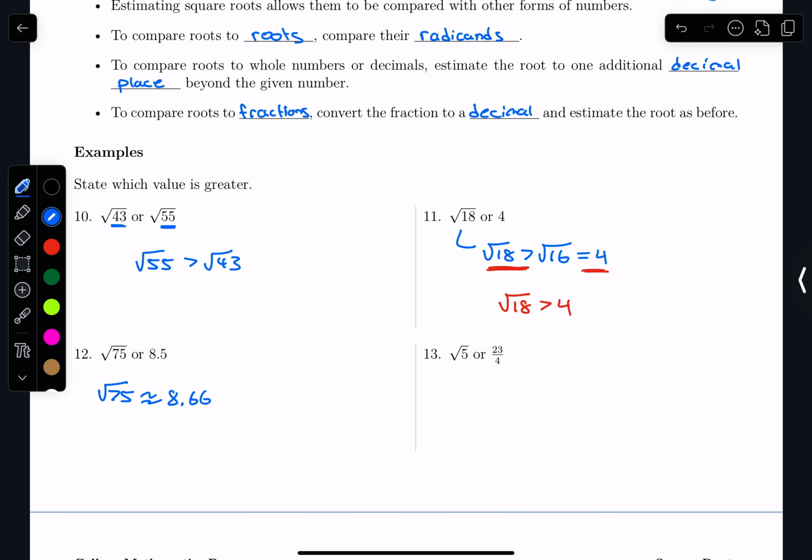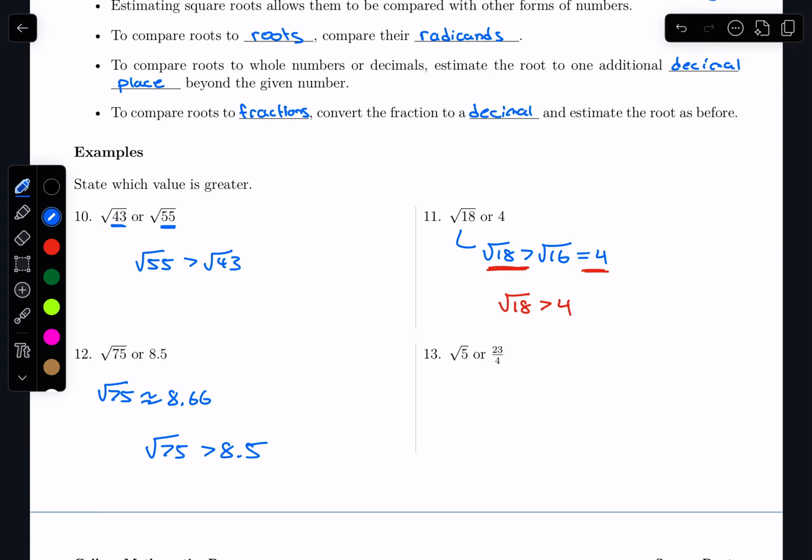So now when we compare 8.5 to 8.66, it should be easy to see that the 6 in the tenths place is bigger than the 5 in the tenths place. So 8.66 is bigger than 8.5, which means the square root of 75 is greater than 8.5. Okay, that decimal approximation makes it nice and clear.